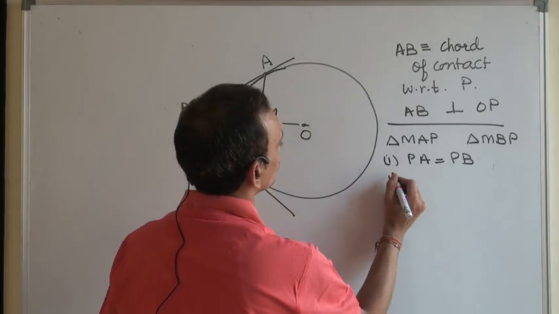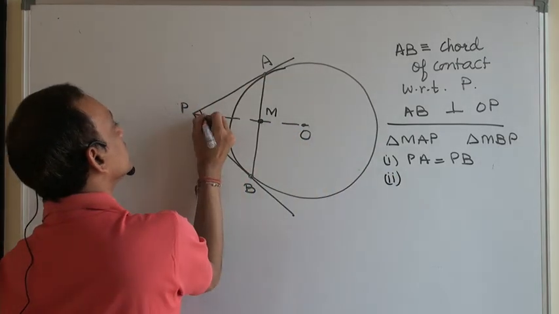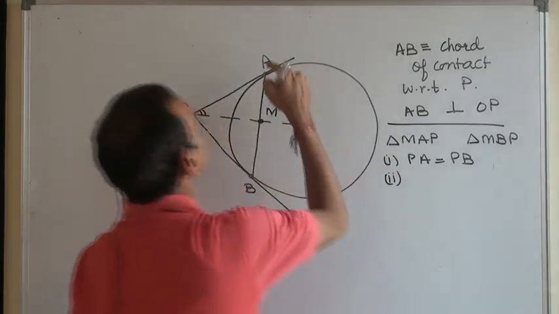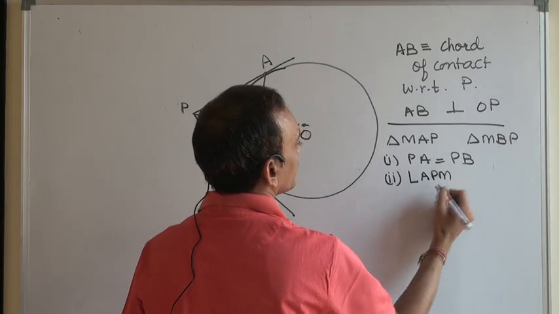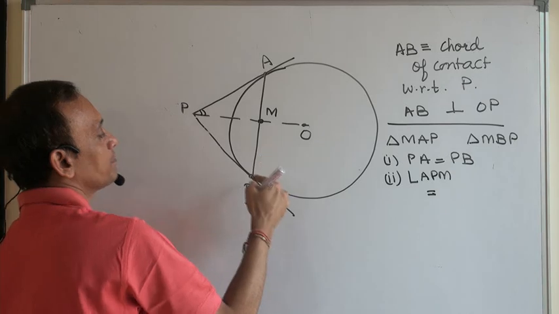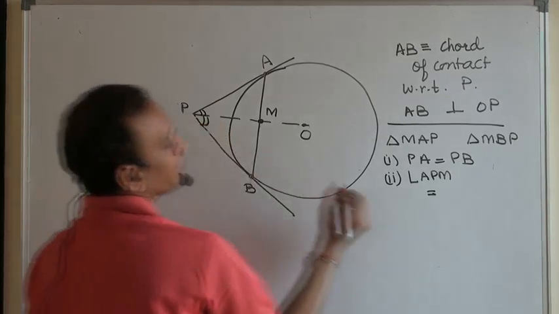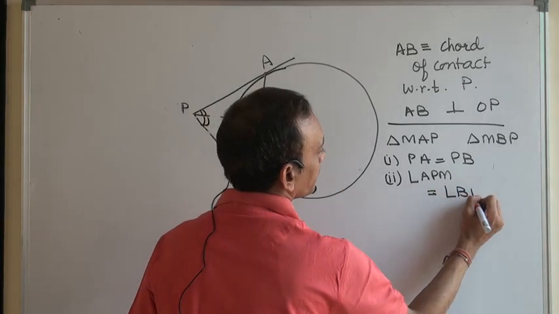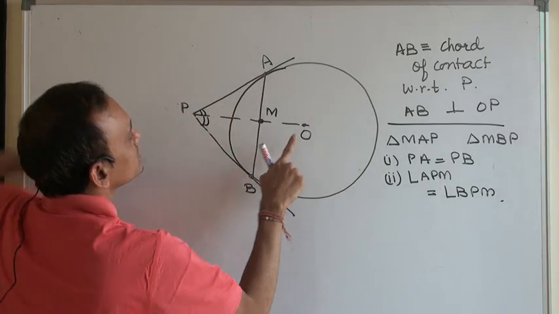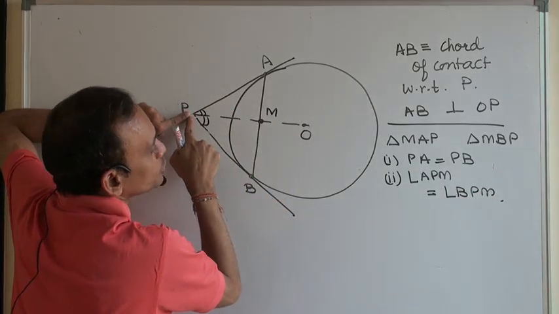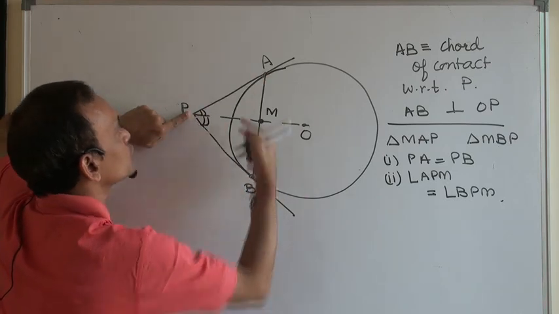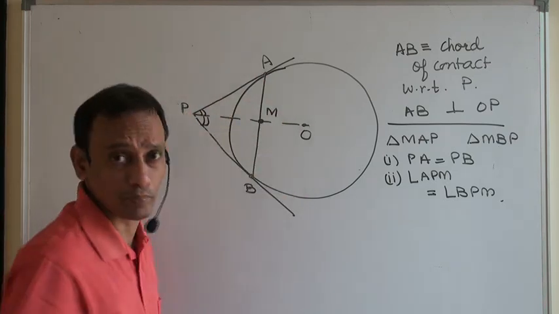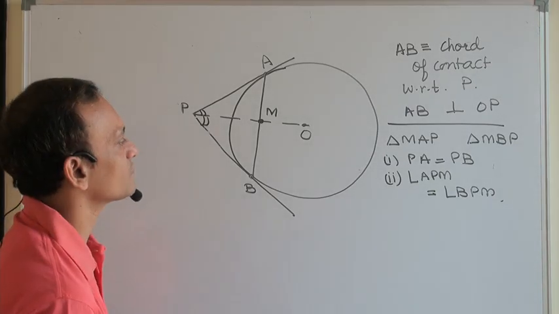Also, angle APM must be equal to angle BPM. Why? Because the line joining the center to the point P must be along the angle bisector between the two tangents PA and PB, a property that I just mentioned a little while ago.